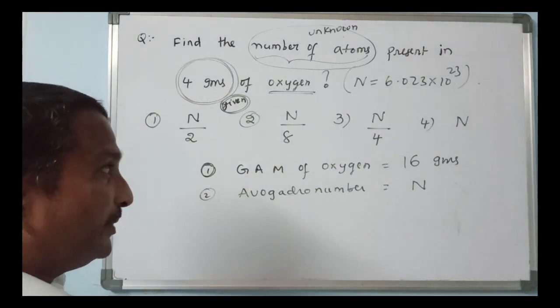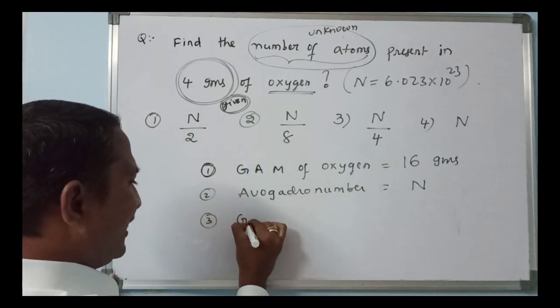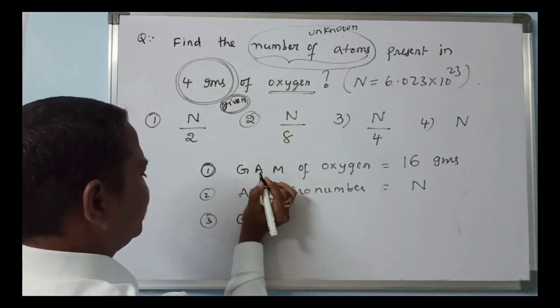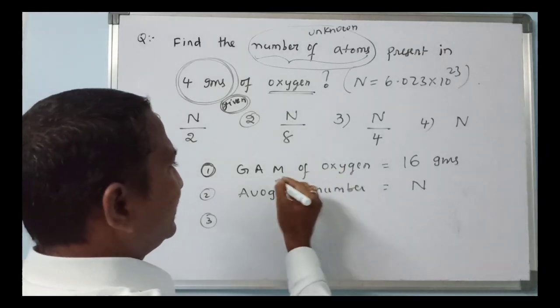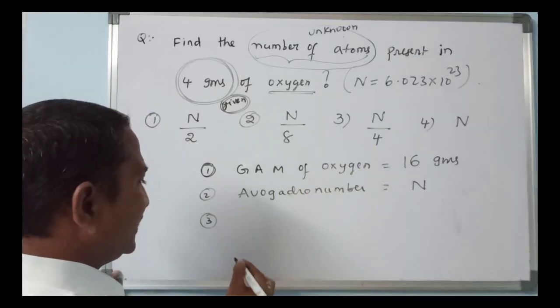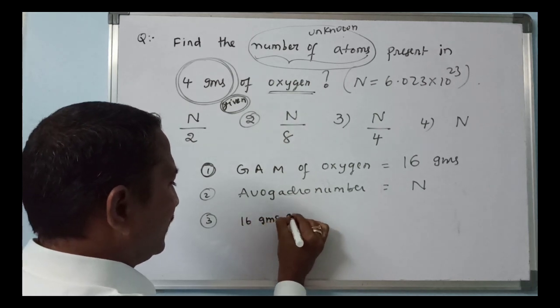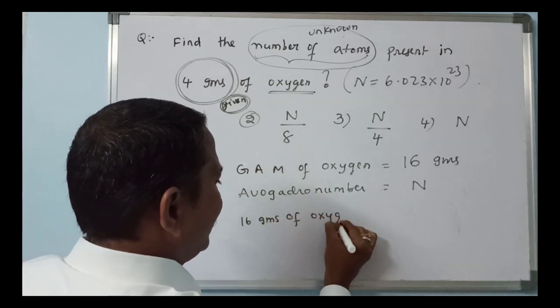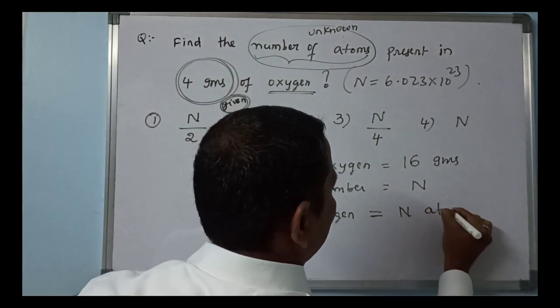Then you write the relation between gram atomic mass and Avogadro number. 16 grams of oxygen is equal to how many atoms? n atoms.